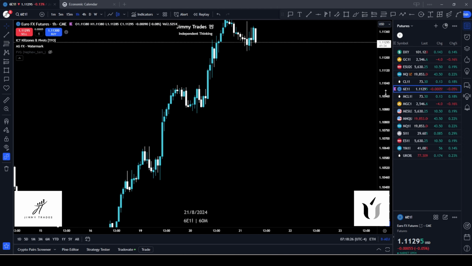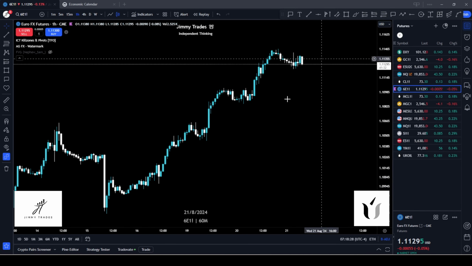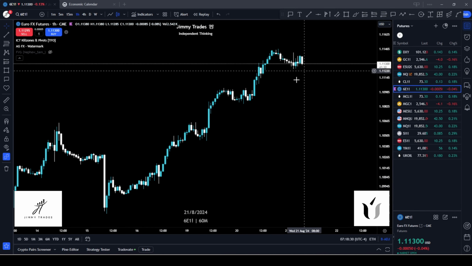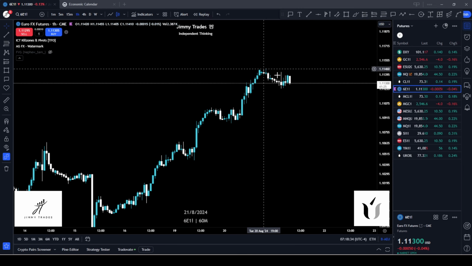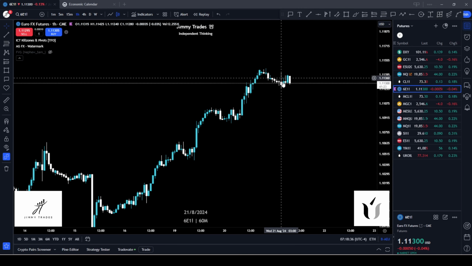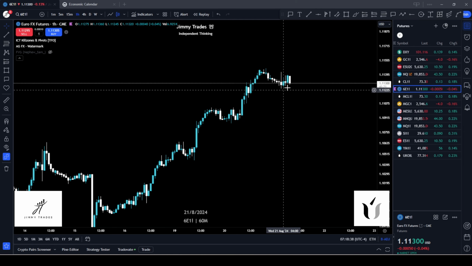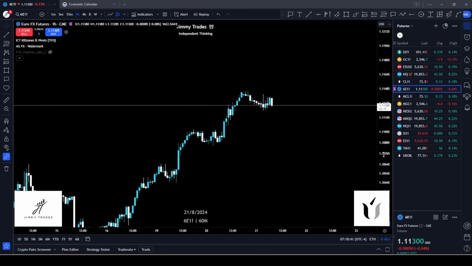And you can see, without really having to point anything out, how bullish the structure is. This is just a retracement at the moment. There's no bearish change in the state of delivery.